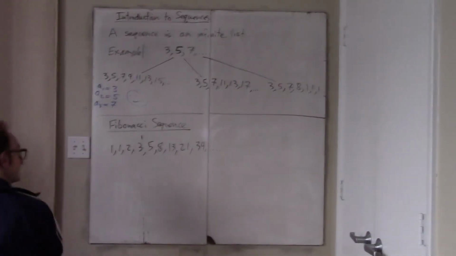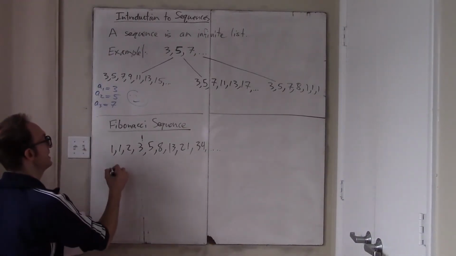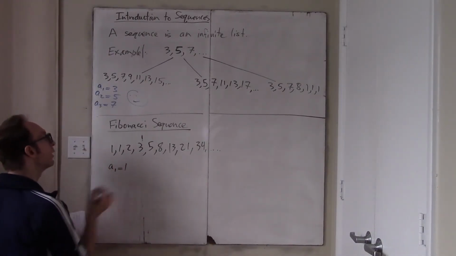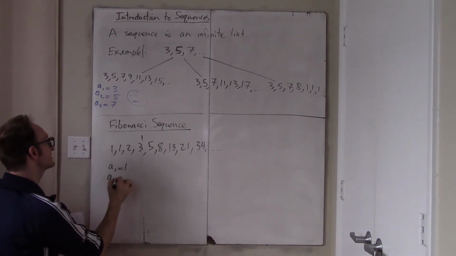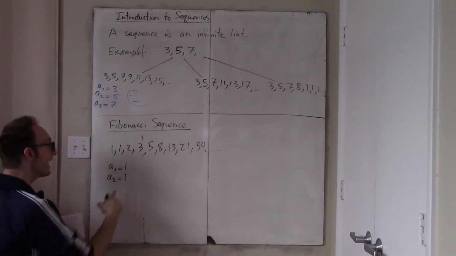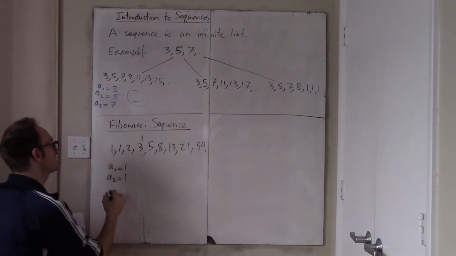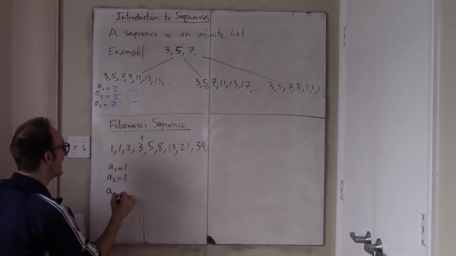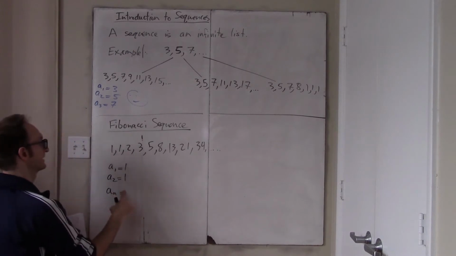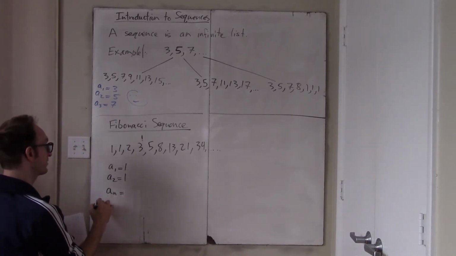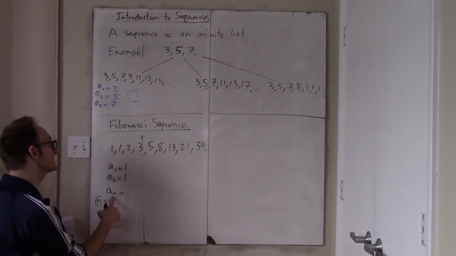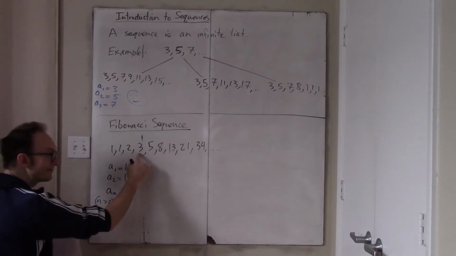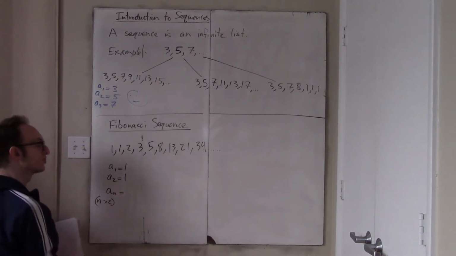So, for example, I can tell you that the first term of the sequence is 1, that's just a stipulation. The second term of the sequence is also 1. But for subsequent terms of the sequence, I hereby define the sequence recursively, and this is supposed to apply if n is greater than 2: the nth term of the Fibonacci sequence is, by definition, computed as the sum of the 2 previous terms.